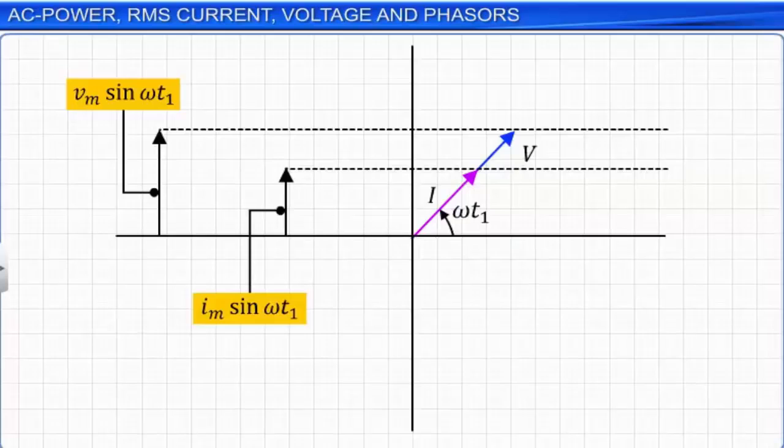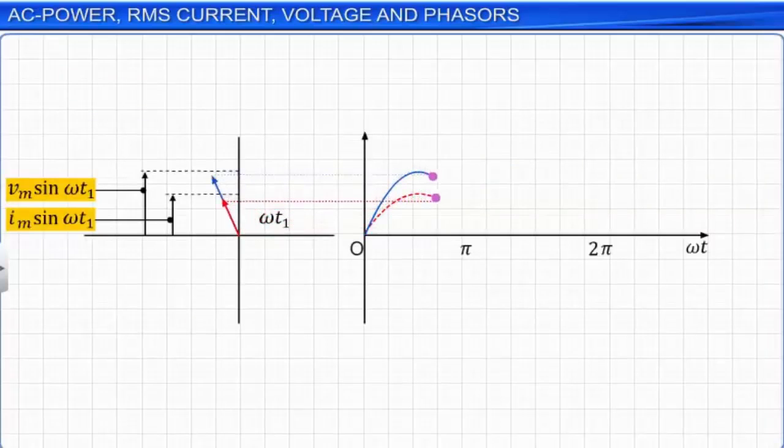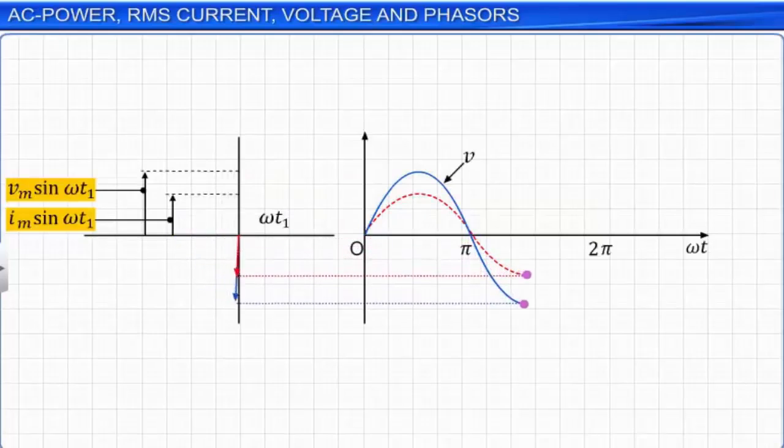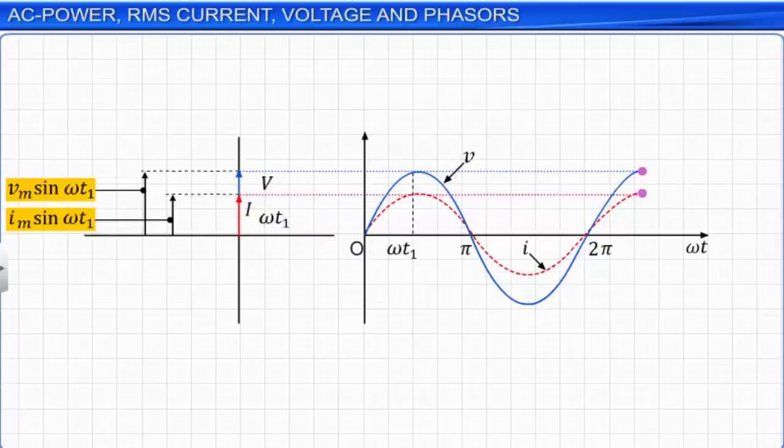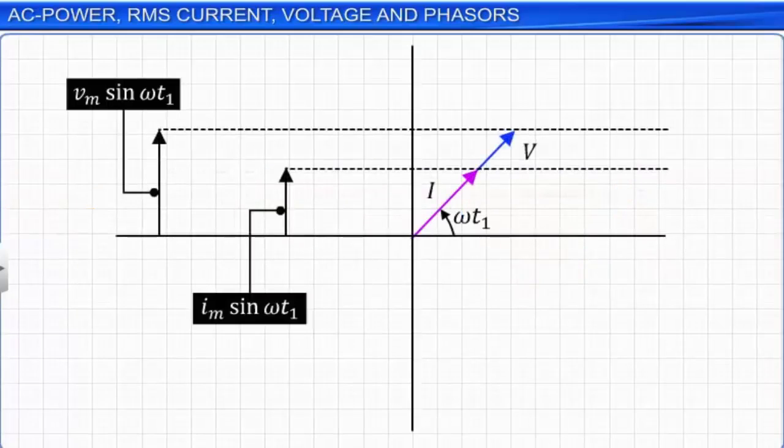However, the instantaneous projections of these phasors give the instantaneous values of the quantities that they represent. The phasors for V and I, in the case of a resistor, are always in the same direction. This means they are in phase, or the phase angle between them is 0.